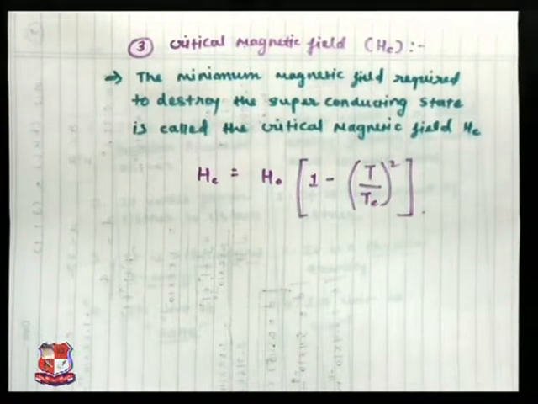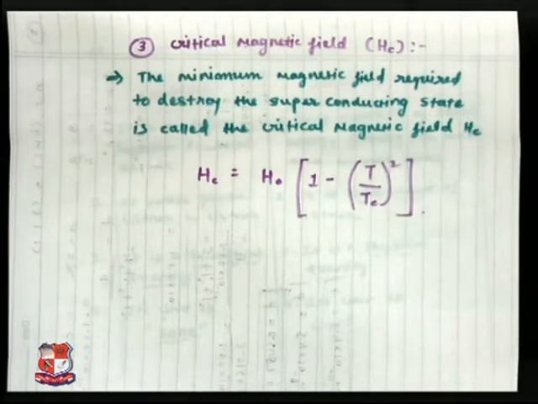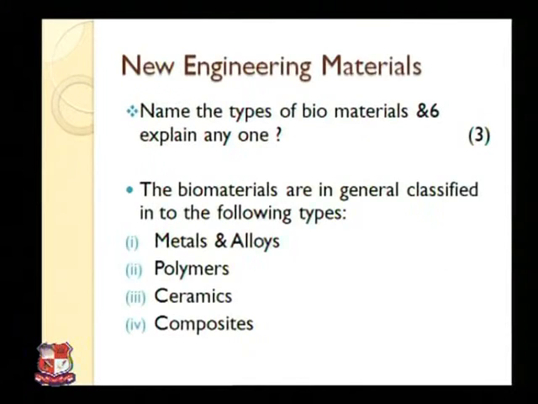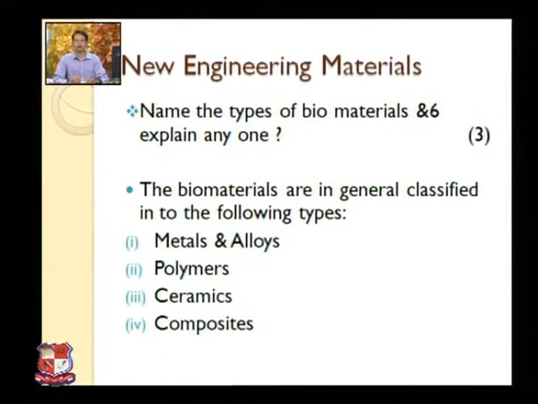Let us move towards the next question in our slide. Name the types of biomaterials and explain any one. This question is asked for 3 marks.